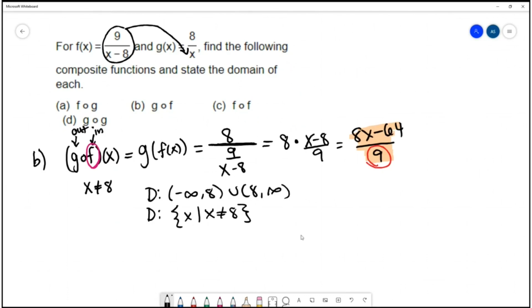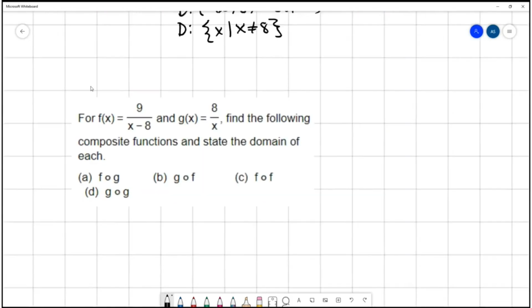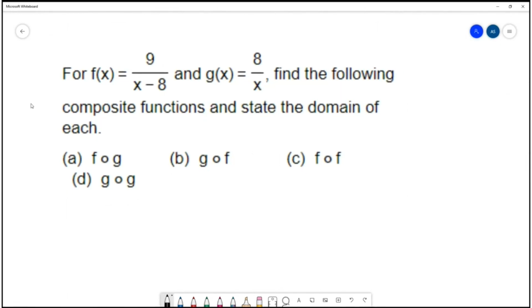Okay, let's try f composed with f. F composed with f is f of f of x.